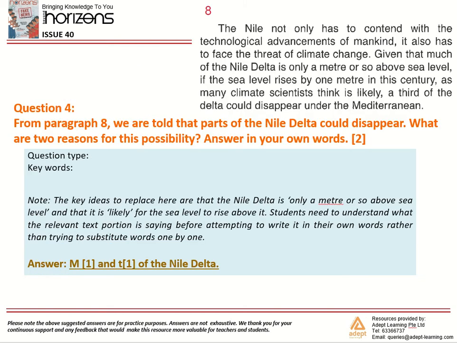From paragraph 8, we were told that parts of the Nile delta could disappear. What are the two reasons for this possibility? Answer in your own words. So it's asking for two reasons and asked me to answer in my own words. So very obviously, this is an own words question.